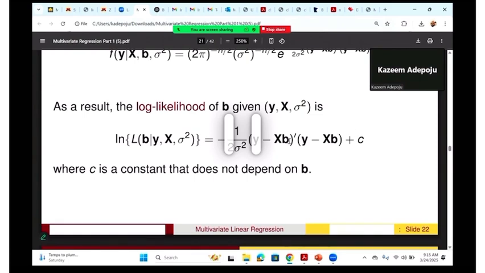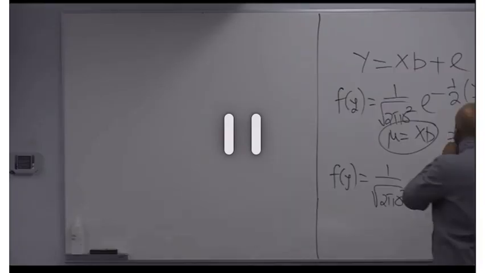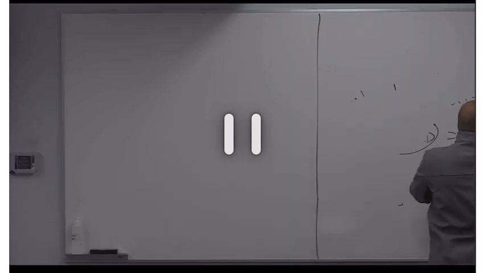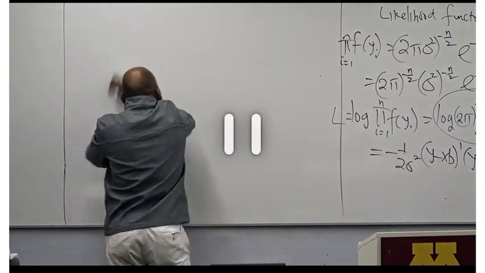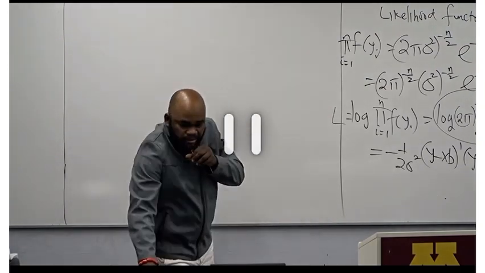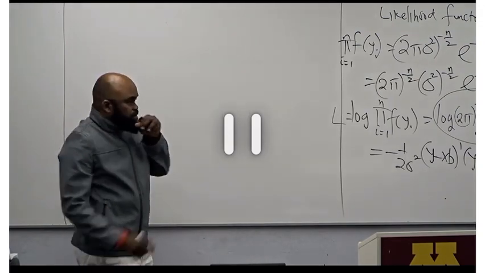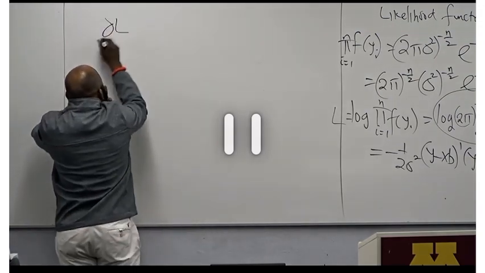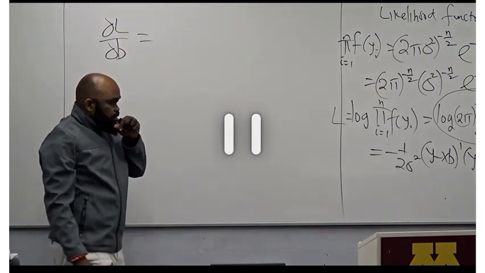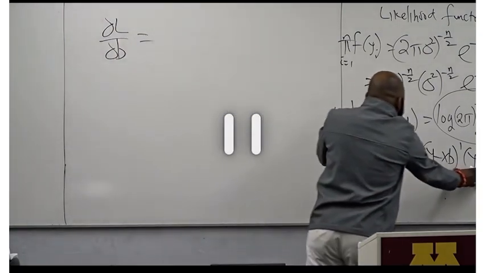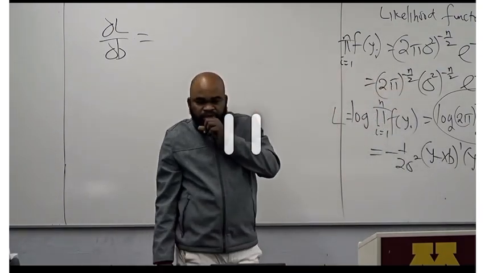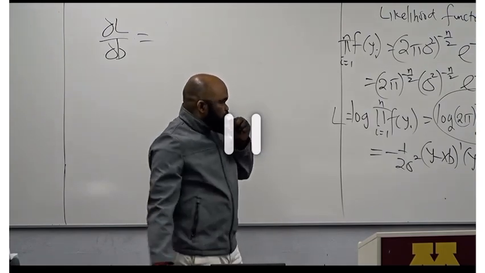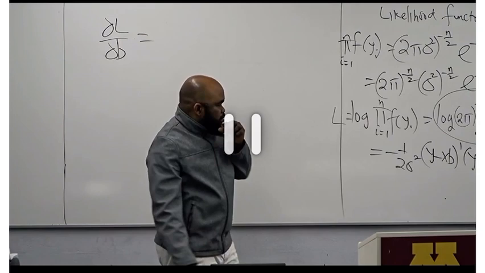I want to differentiate this with respect to b, the log likelihood L with respect to b, and after doing that, I'm going to equate it to 0 to solve for b.